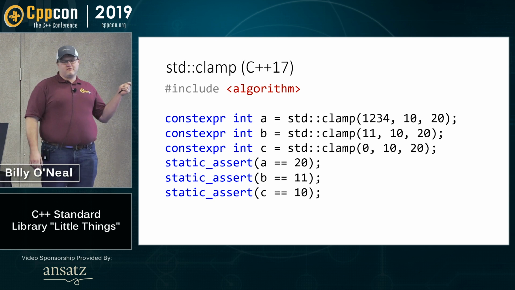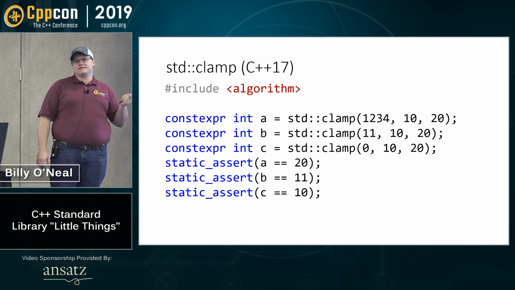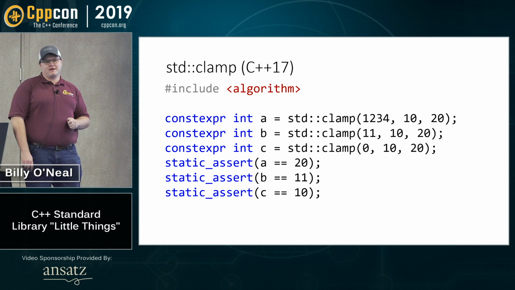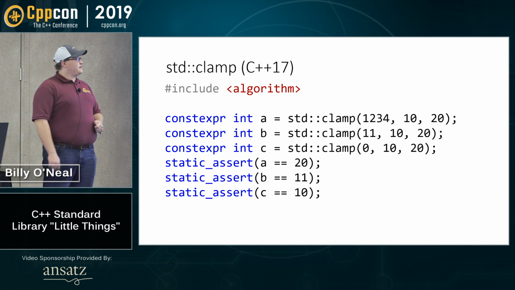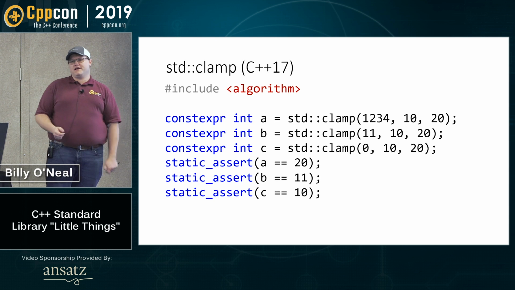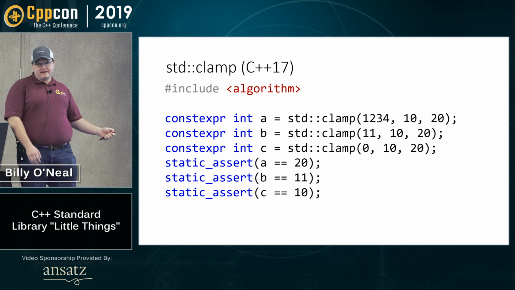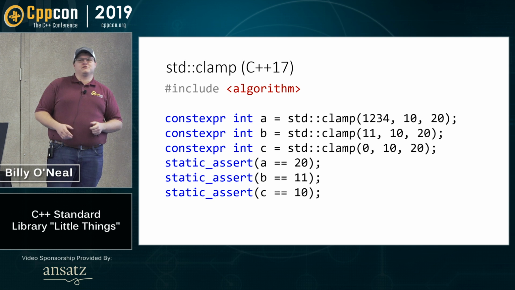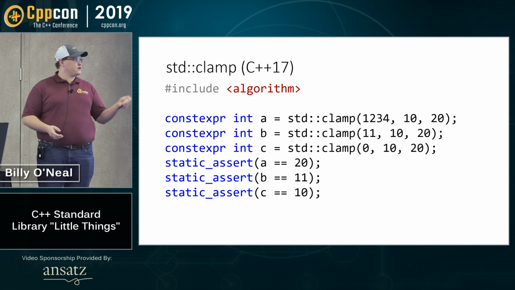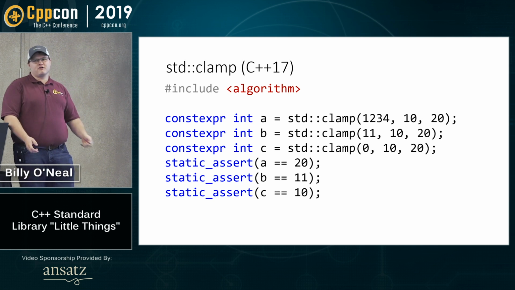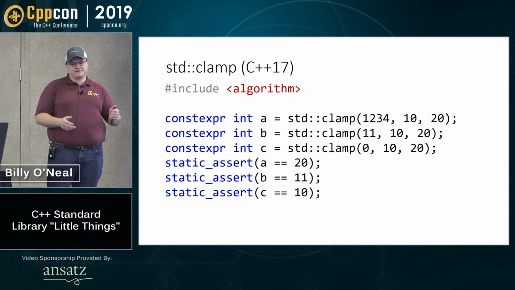So here, all three of these clamp calls are clamping the input between 10 and 20. 1234 is bigger than 20, and so the result, A, is 20. 11 is within the range, and so it doesn't need to be adjusted at all, and so the result B is 11. And 0 is less than the range, 10 to 20, and so the result is 10.